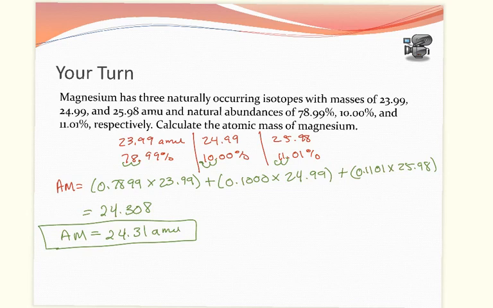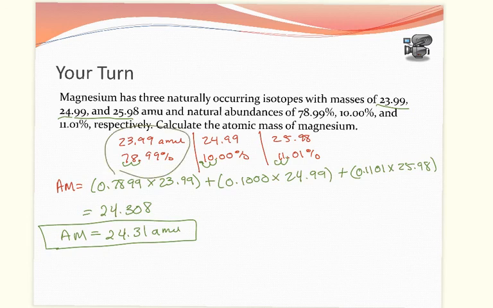Now, we look at it and just make sure that we did the math correctly. It should be an average of these 3 masses that were given. And which of these isotopes is going to have the most impact on our number? It's going to be the isotope, of course, that's more abundant, which is isotope 1.